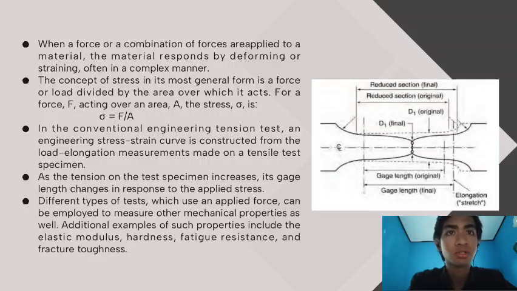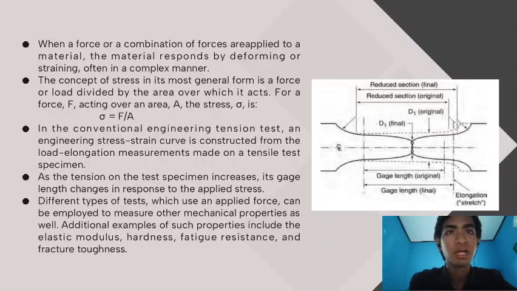Next, impact toughness, indicating energy absorption from loads that cause very high strain rates. Next, fracture toughness, indicating resistance to fracture with a resisting flaw or stress raiser in the geometry of a part.